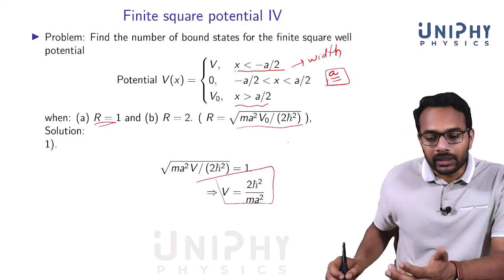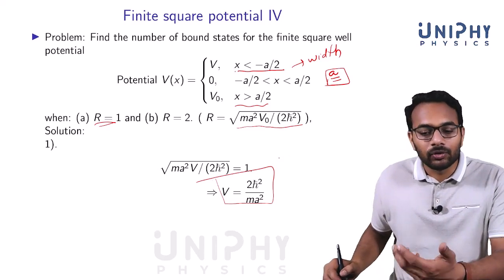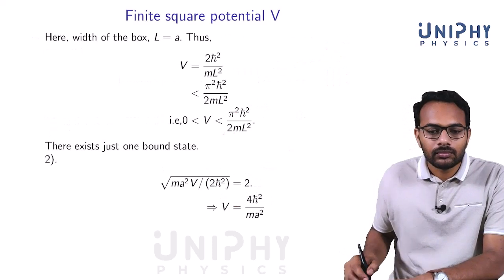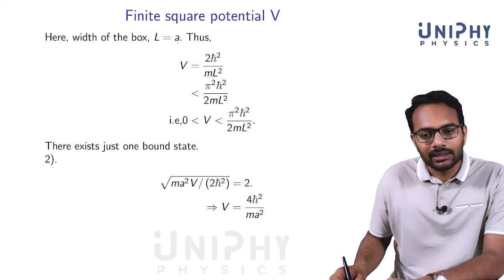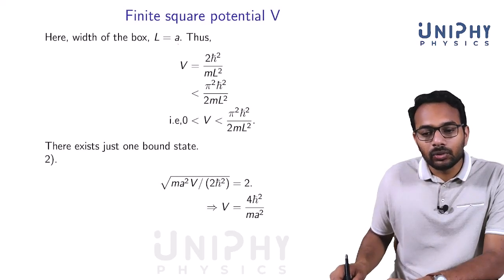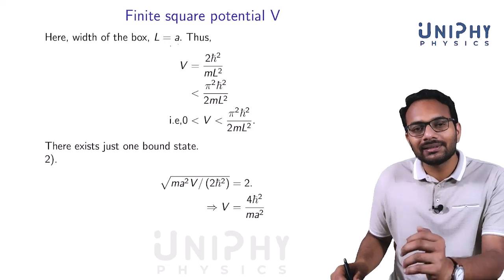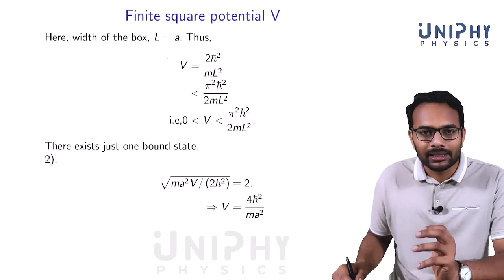Now we have to compare it with the form that we are familiar with. Here the width of the box is L, so we will write it in terms of L, with L equal to a. So V is equal to 2 h cross square divided by mL square. I am just using L as the width because sometimes it can be a or 2a and we don't want to get confused.